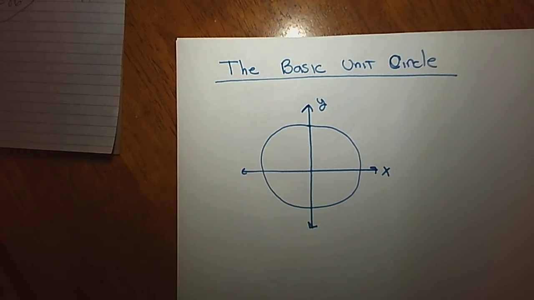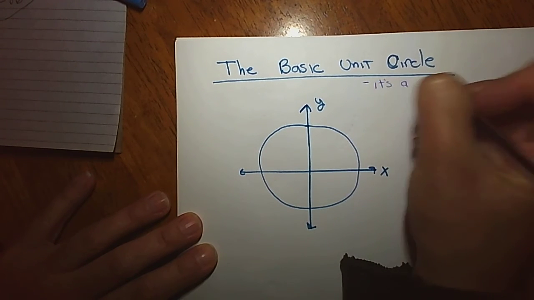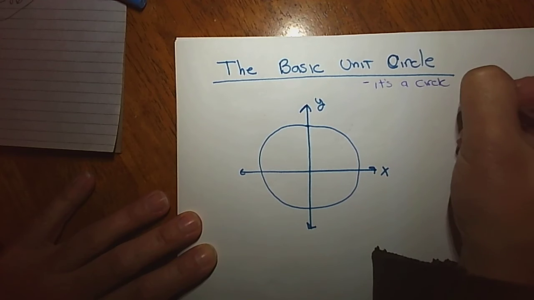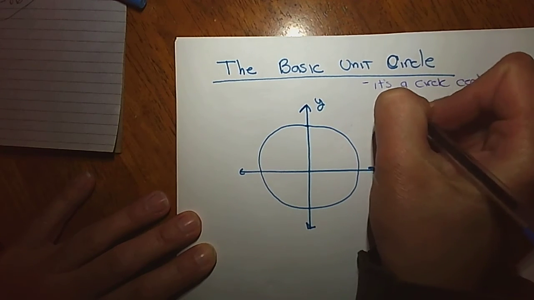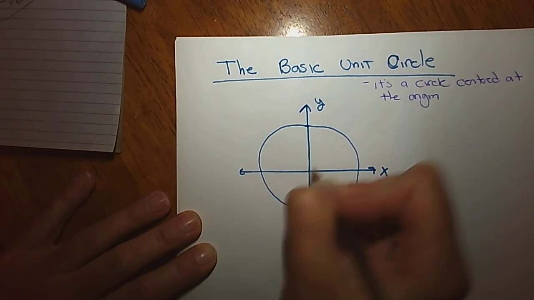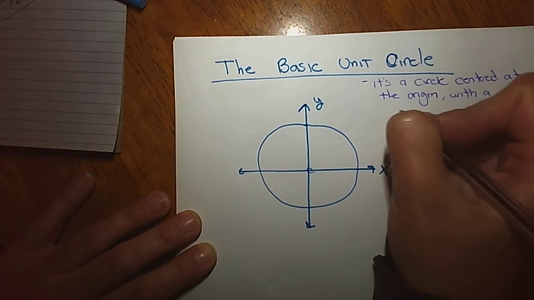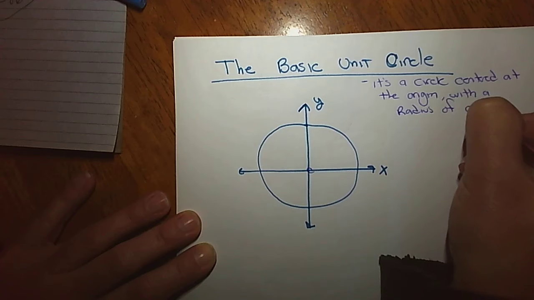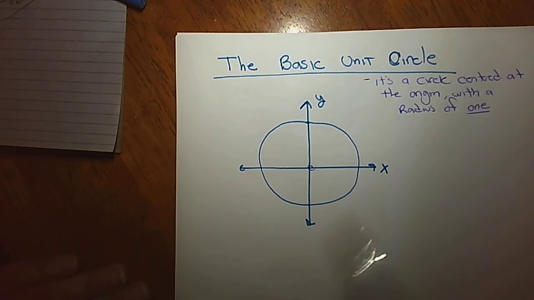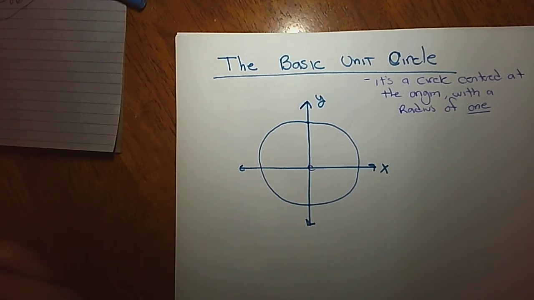Now, the reason why it's called a unit circle is because it's a circle centered at the origin, so right here is the center, with a radius of 1. And that's the key. That's why it's called a unit circle. The radius is 1 unit big.